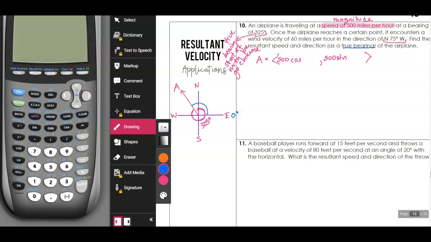So, how big is our direction angle? Direction angle starts at 0, goes counterclockwise.